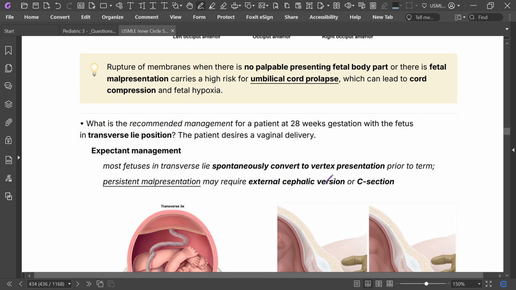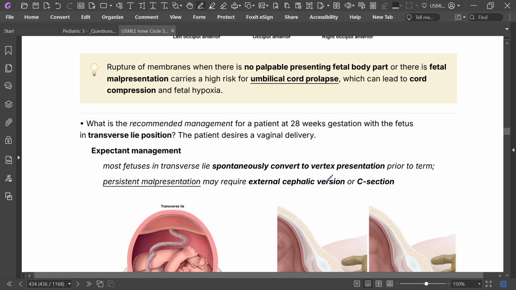What is the recommended management for a patient at 28 weeks of gestation with the fetus in transverse lie position? The patient desires a vaginal delivery. It is expectant management.